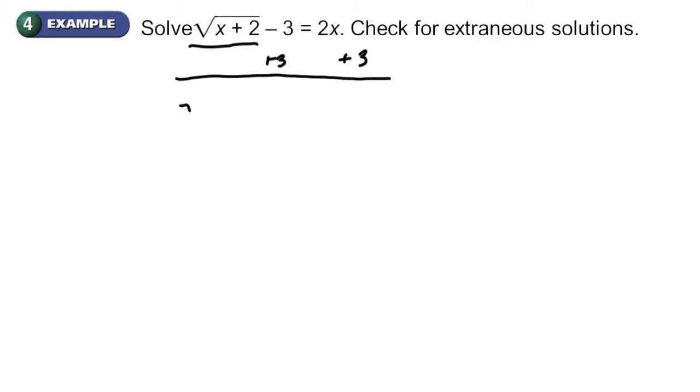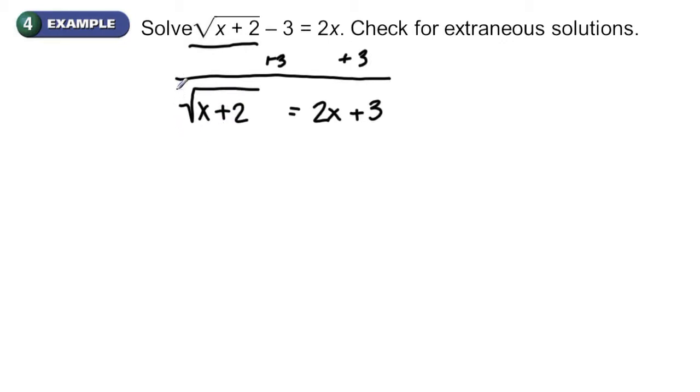So we have the square root of x plus 2 equals 2x plus 3.